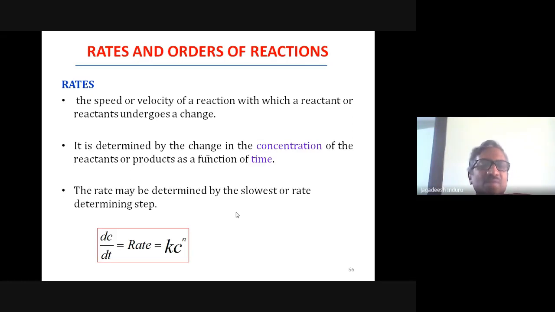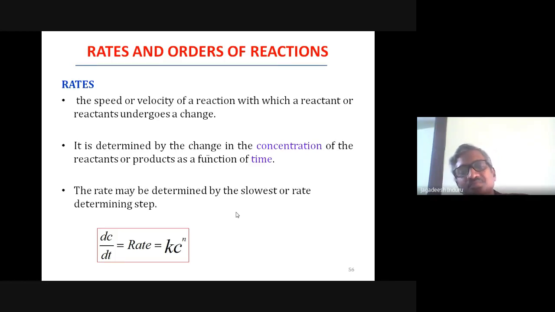The rate of change of concentration, that is dc divided by dt, that is per unit time, is directly proportional to the concentration.